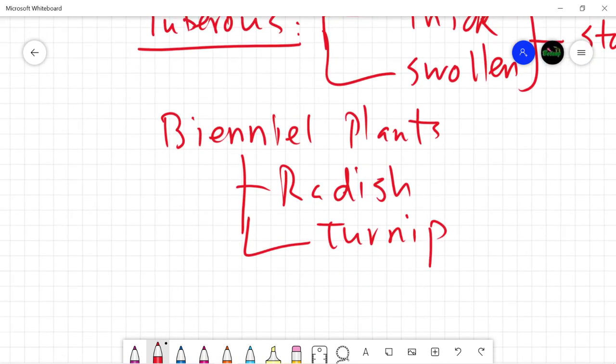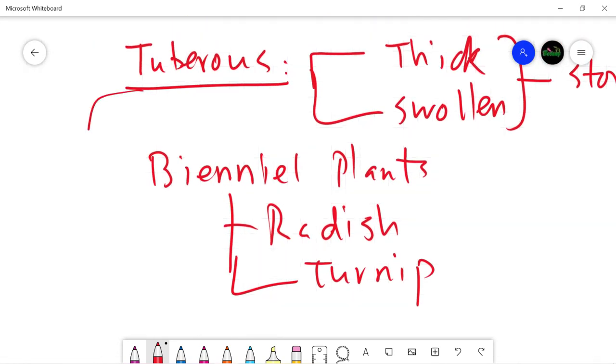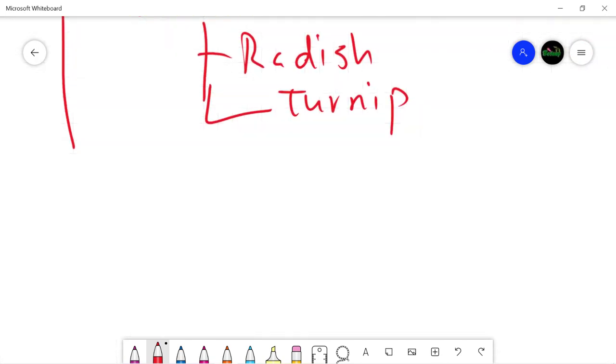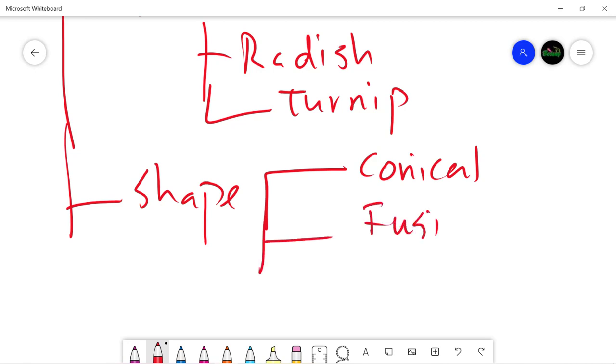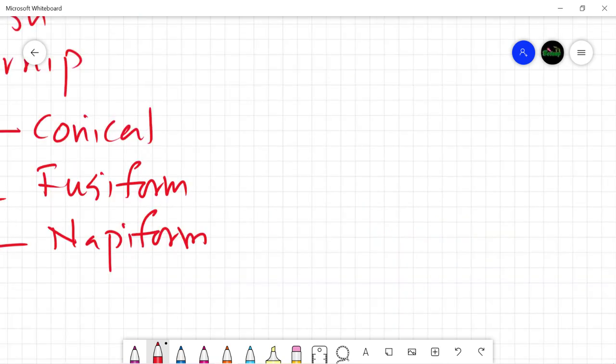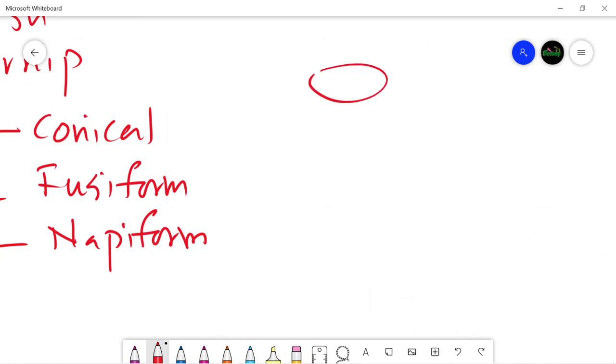Tuberous taproots are further classified based on their shape. So based on shape, tuberous taproot are classified into three kinds: conical, fusiform, or napiform. Conical root, as its name indicates, is cone-like.